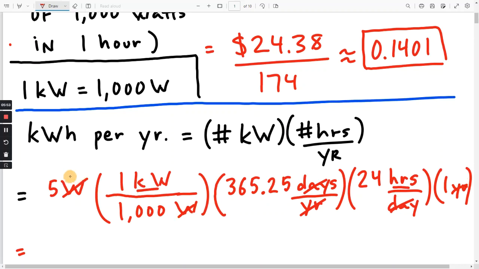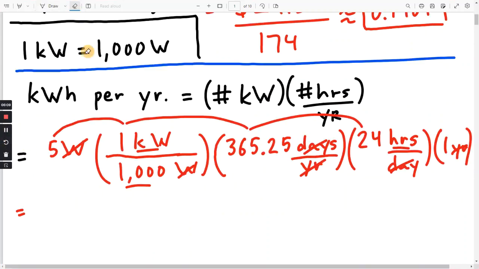So I am going to do 5 times 1 times 365.25 times 24. Those are all numerators. Hit equals and then divide by 1,000. Alright, just one small mistake on the units. I shouldn't have multiplied by 1 year, because we said we wanted kilowatt hours per year. So I do want to keep the years in the denominator.